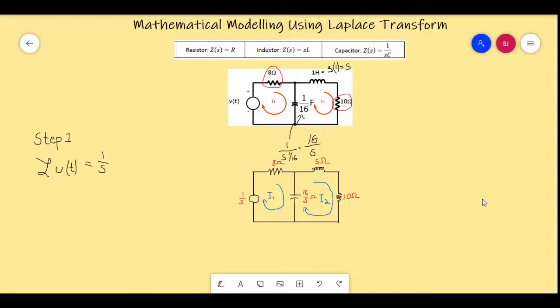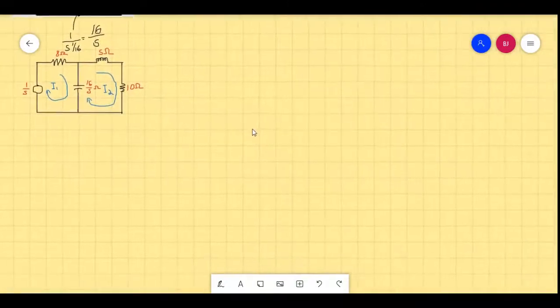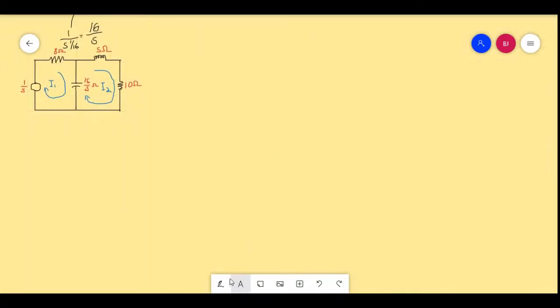So we'll start with loop 1, then loop 2, and we will be representing the voltages as the product of the current passing through it and its impedance. So let us begin with our first loop. This would be our step 2 already.